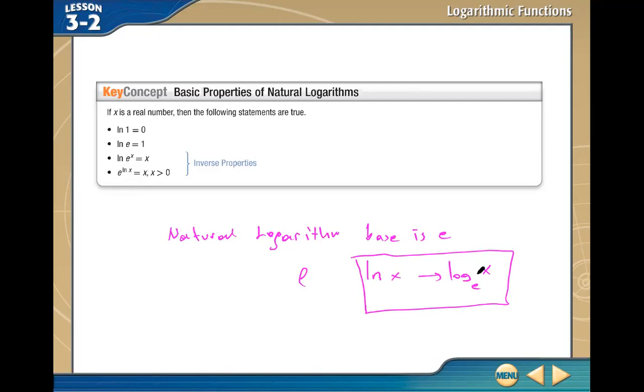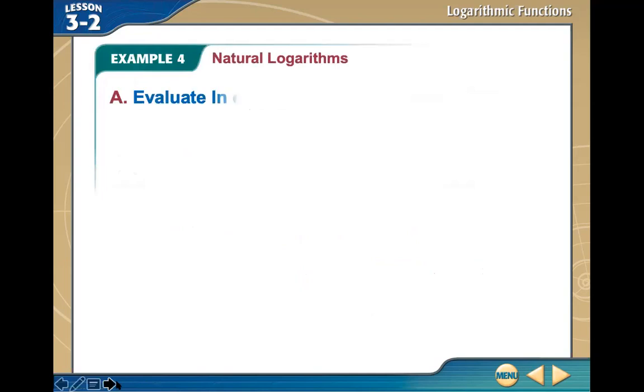When the base is e, instead of log, we say ln. We read it as ln x. Okay, so let's go on.